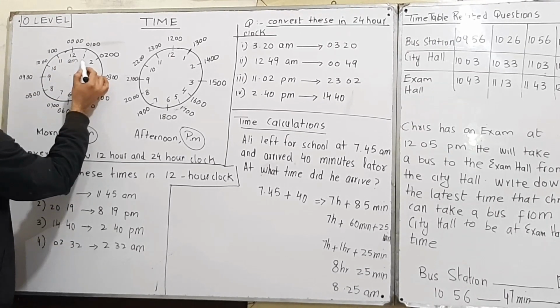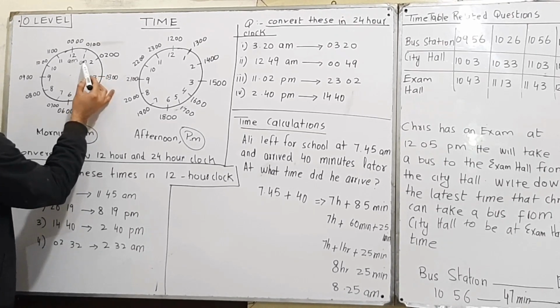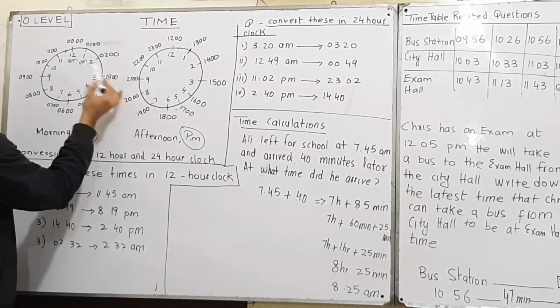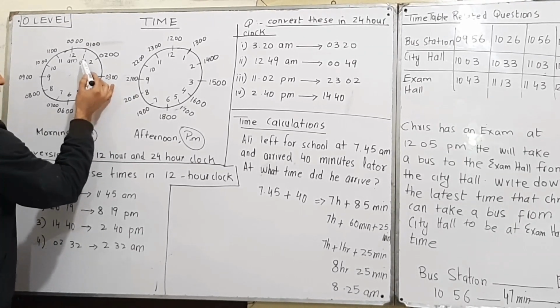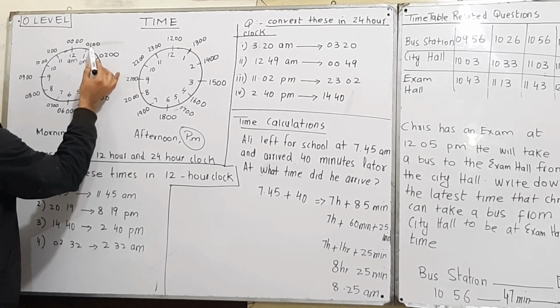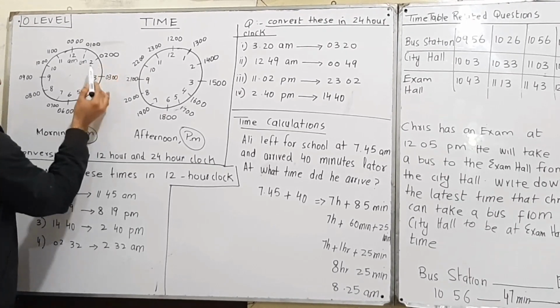This is 1 AM, and when AM is with the time, it means we are in the 12-hour clock, while in the 24-hour clock you don't use AM, so it will be 0100. 1 AM will be 0100.